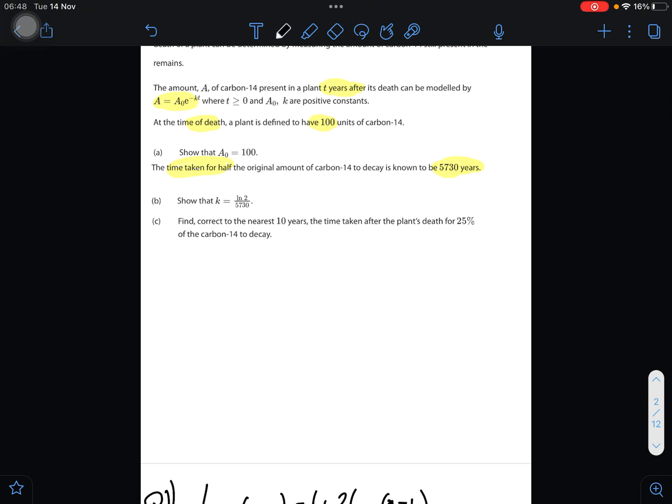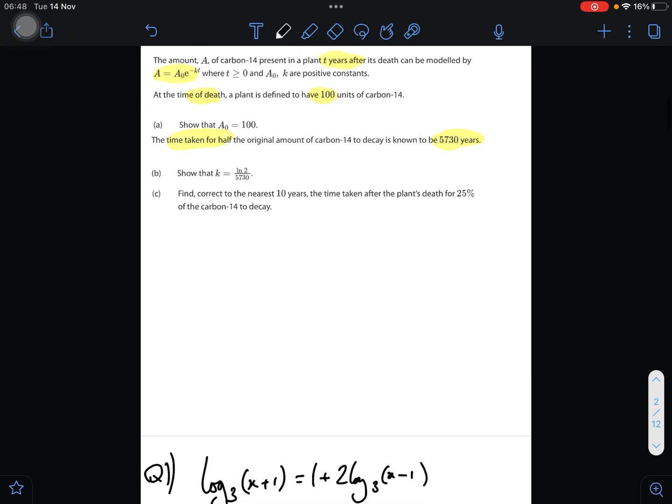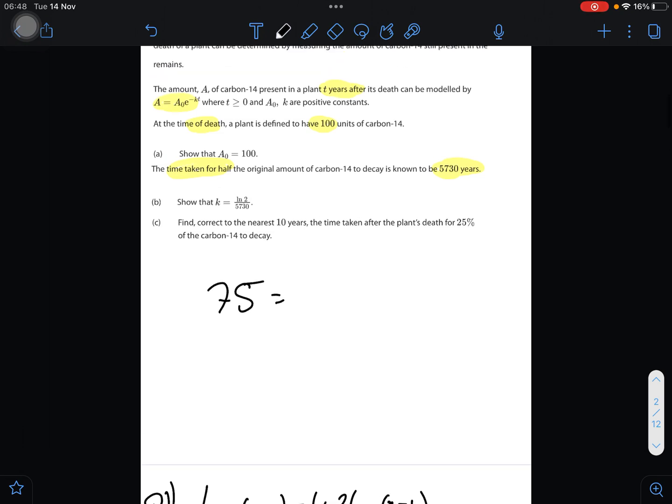Find, correct to the nearest 10 years, the time taken for 25% of the carbon-14 to decay after the plant's death. So we need 75, because 100 is 100%, 25% less is 75, and we need that equal to our function, so 100 e to the minus ln 2 of 5730t.